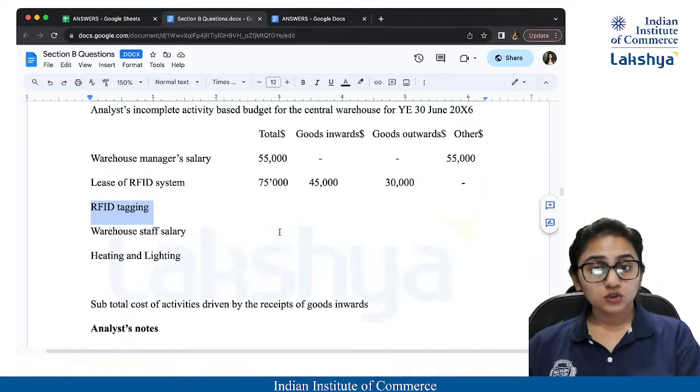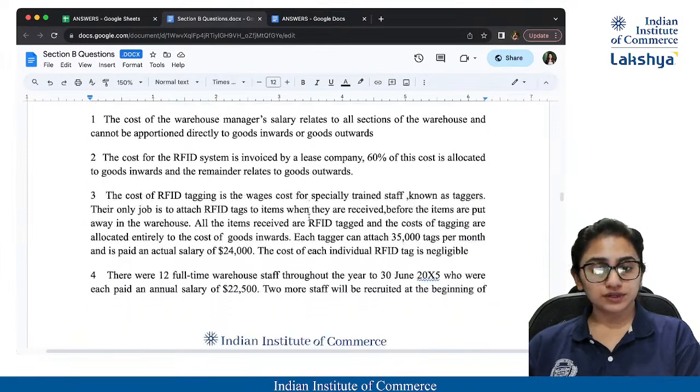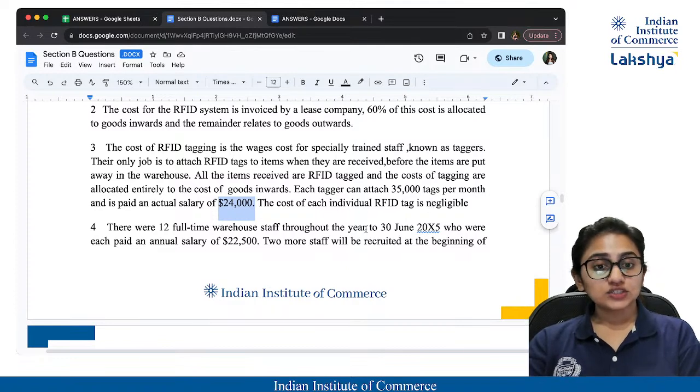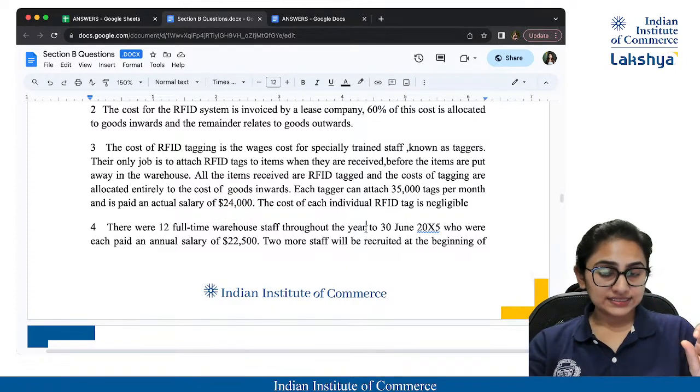So whatever is the total cost of tagging, it will fully be allocated to goods inward. Each tagger can attach 35,000 tags per month and is paid an actual salary of 24,000. The cost of each individual RFID tag is negligible. So each tagger does 35,000 tags and the actual salary is 24,000.